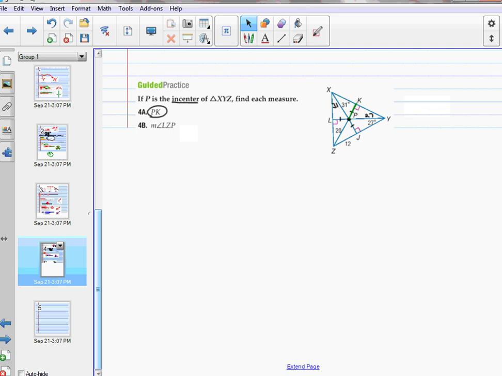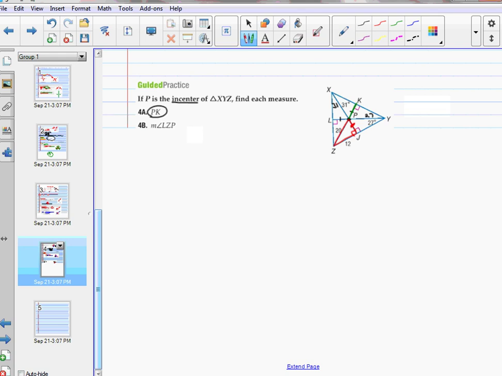Pythagorean Theorem is going to help us. If I come down here, I have a right triangle. I know I have a right triangle because from a point to a line, that's a right angle. And I can figure out this side of that triangle.